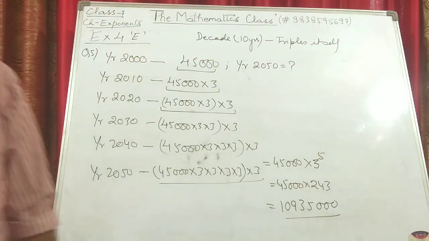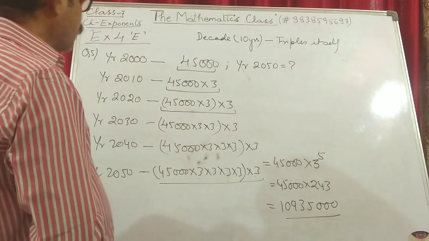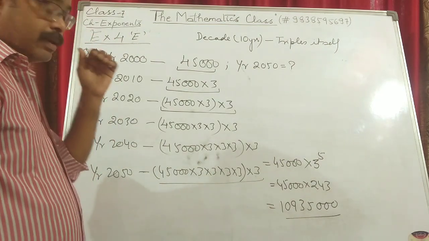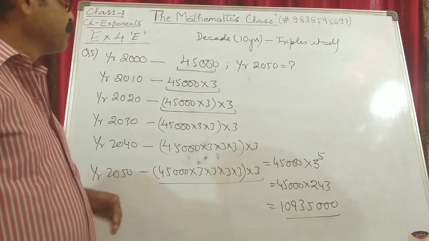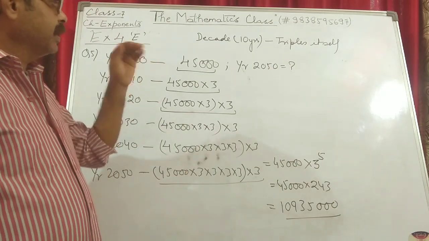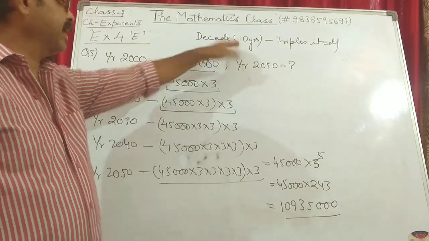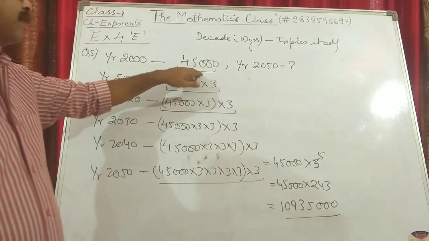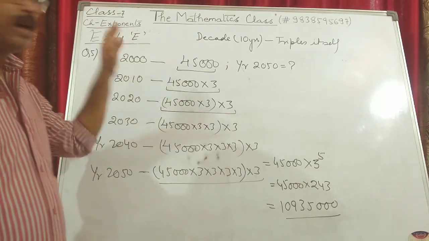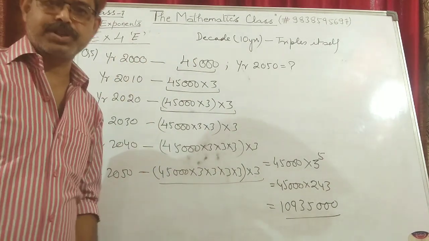Means this is the population at year 2050 of a town if it triples every decade, and its population was 45,000 in year 2000. Now we move on to the next question.